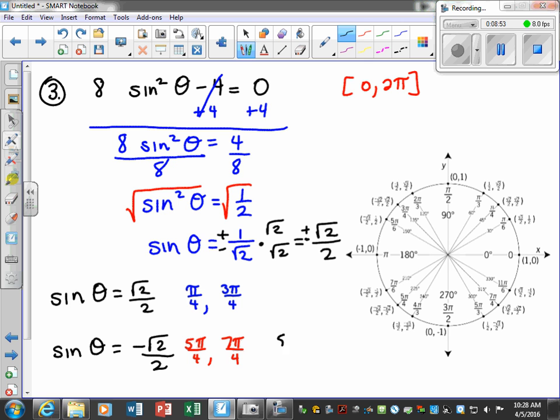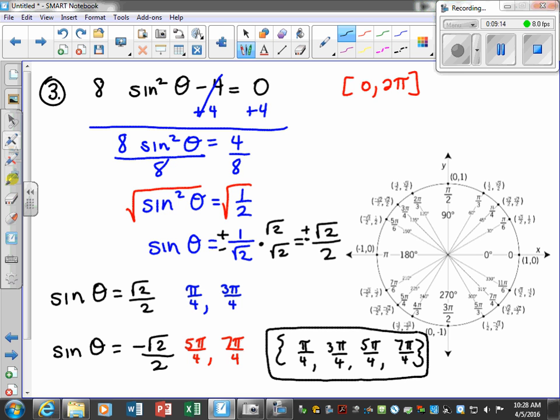So if we did the entire list of all the solutions, it would be pi over 4, 3 pi over 4, 5 pi over 4, and 7 pi over 4. Okay, so this is all of our solutions.